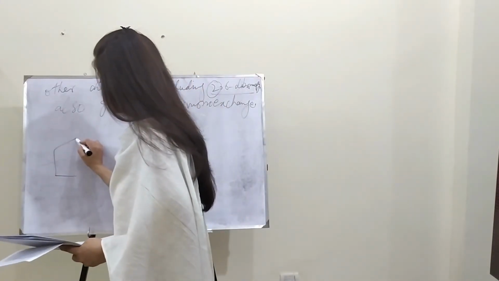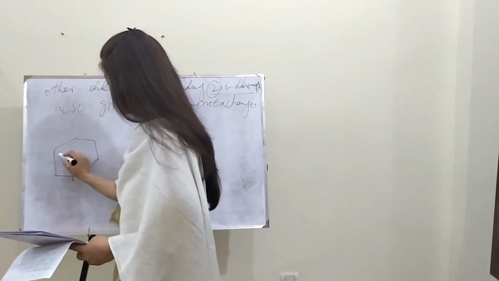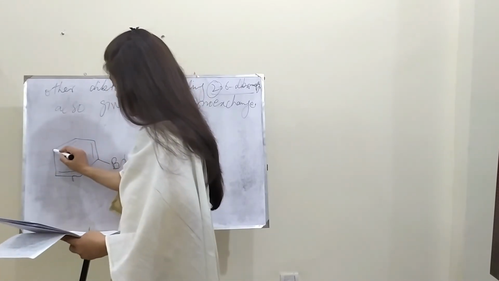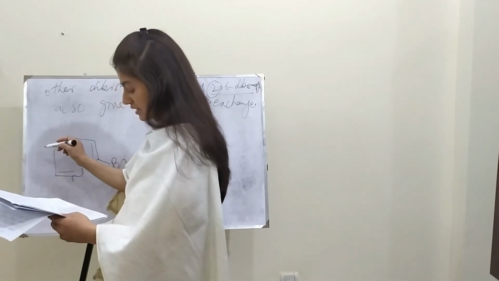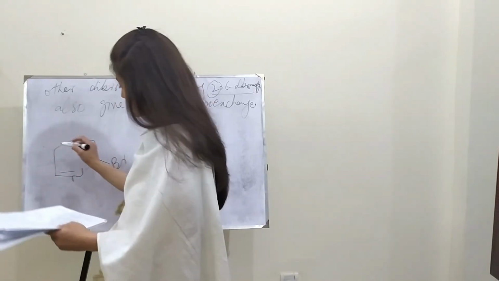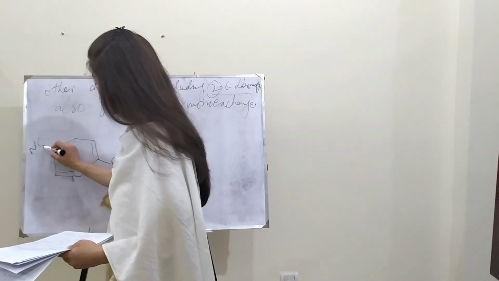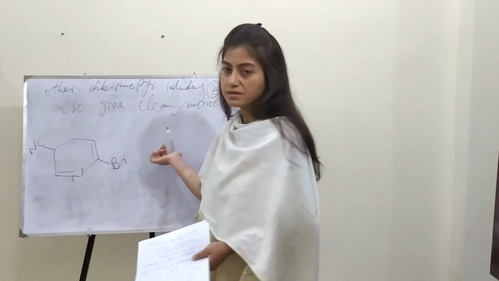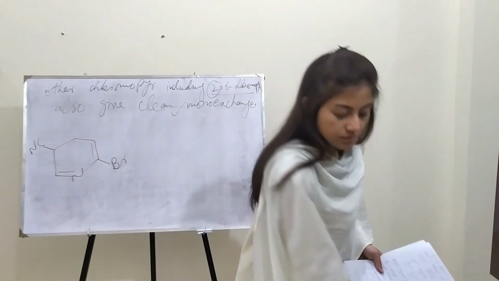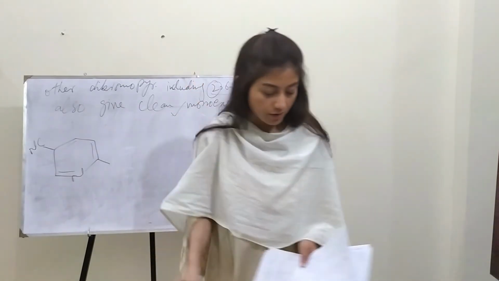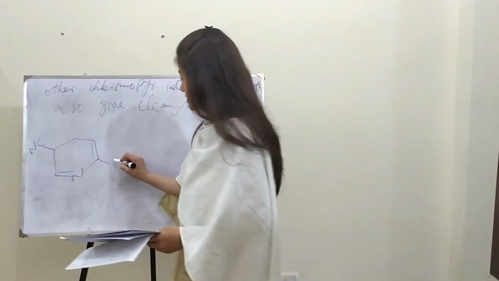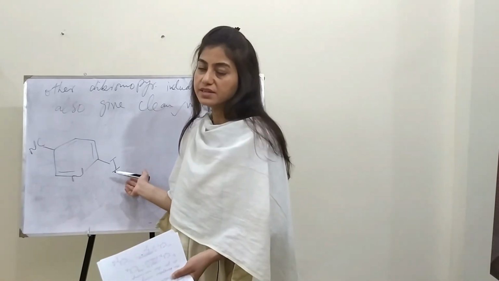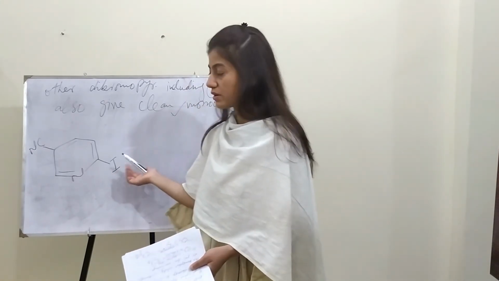For example, this is 2 and here another group is attached. Let's suppose it is CN, and you may also exchange this bromine with any other halogen. So for your convenience, we may change this bromine with iodine. You may consider any halogen here, either bromine, chlorine or iodine.